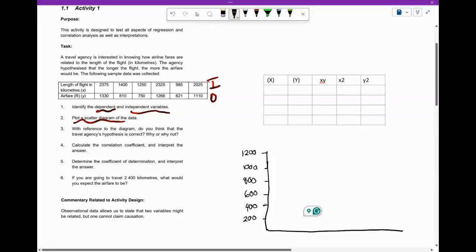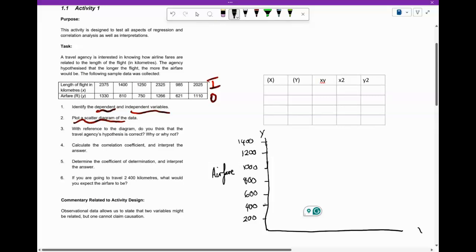I think we need to go up to 1,400. Okay, I think we're good on the y-axis. Here we know this is your airfare.